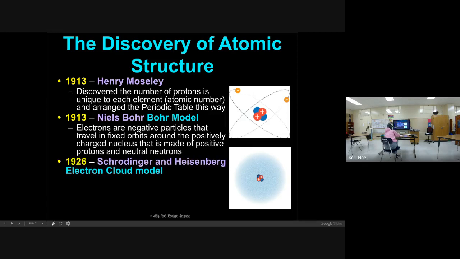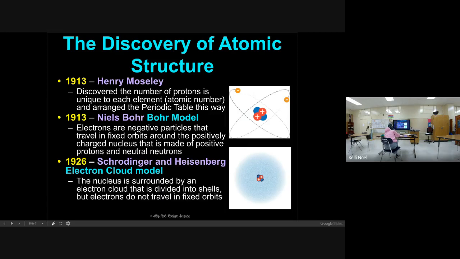And then more recently, in 1926, Schrodinger and Heisenberg developed what we follow now, the electron cloud model. So you've got this nucleus, and you've got this cloud around it, and this is where the electrons are.